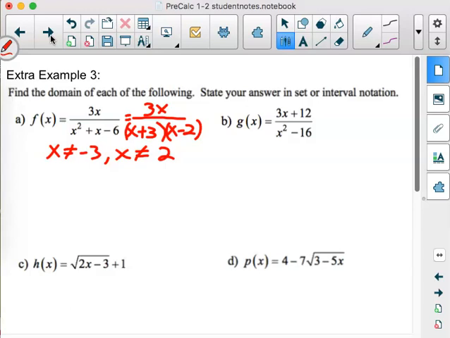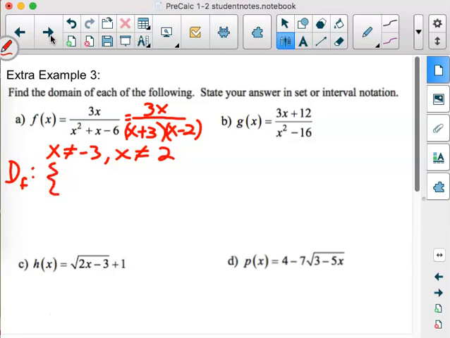So now what do I need to do? Well, I need to have my set builder and my interval notation. And I want to introduce you to a new notation that we use for domain. It's just a capital D, and since this one is called f of x, we would say it's the domain of f. And typically I'll just put a colon there because that's just describing, hey, this is what we're going to write down for our domain of f.